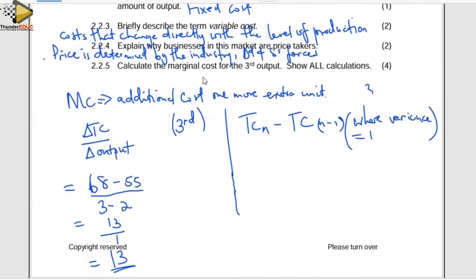For the third unit, it is the total cost of producing 3 units minus the total cost of producing 3 minus 1 units. So it's TCn minus 1. Our n is 3, so 3 minus 1 is 2.